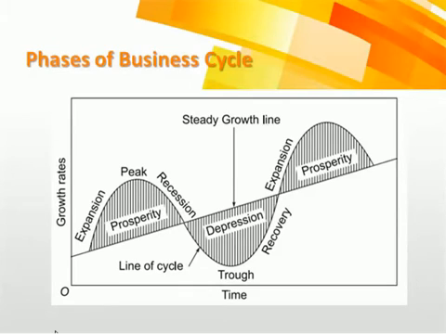So if I want to talk in more detail about the prosperity phase and the depression phase, first I'll begin with the expansion phase. This comes under the prosperity phase. The prosperity phase is characterized by a rise in national output, a rise in consumer expenditure, a rise in capital expenditure, a rise in prices of raw materials and finished goods, and a rise in the level of employment.